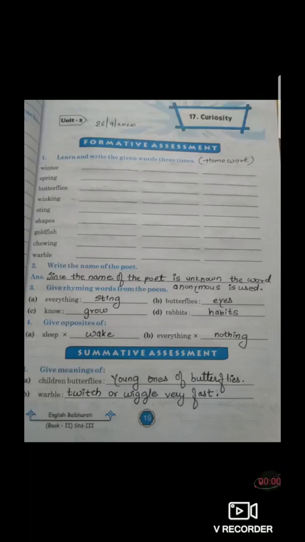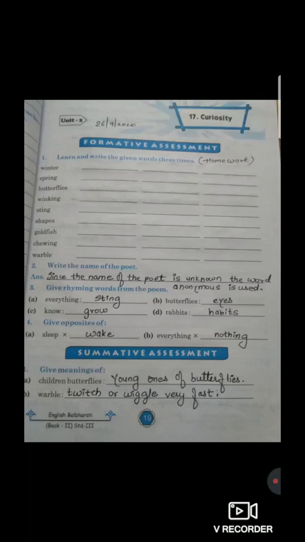Let's see. The answer is, since the name of the poet is unknown, the word anonymous is used. In this poem, the poet's name is not mentioned, so we have to use the word anonymous.